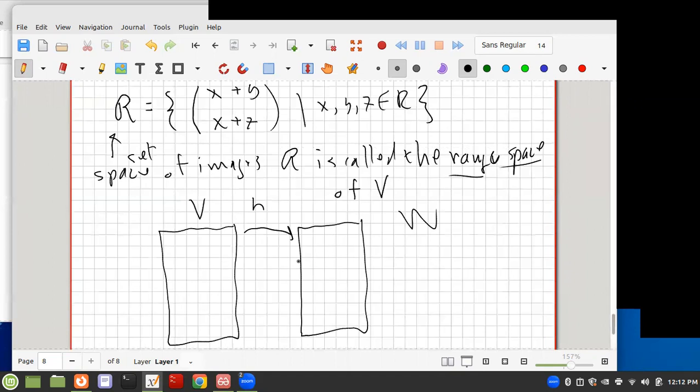But let's say that V maps into a smaller space. I don't get all the vectors, because then it wouldn't be onto. So if it's not onto, there is some set of vectors that is the target.